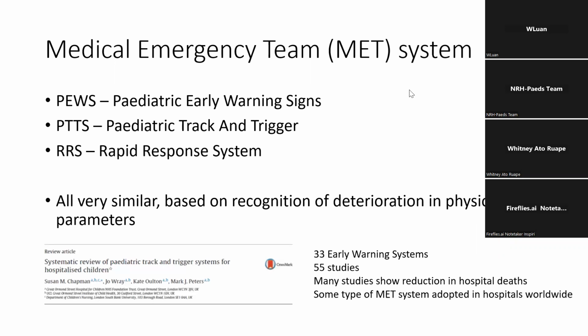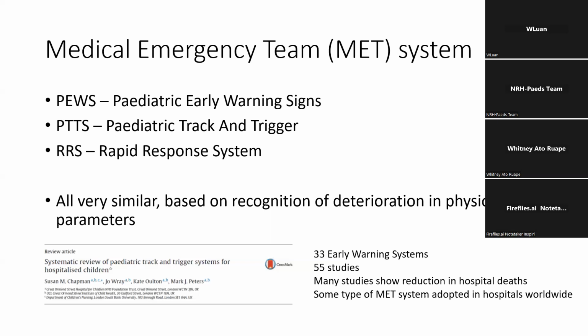There are many different types of MET systems. I like a simple system. If you read up the international literature on MET systems, there are many studies that have been published, and some of the terms you'll hear are pediatric early warning signs, so-called PEWS, or PTTS, pediatric track and trigger, or RRS, rapid response systems.